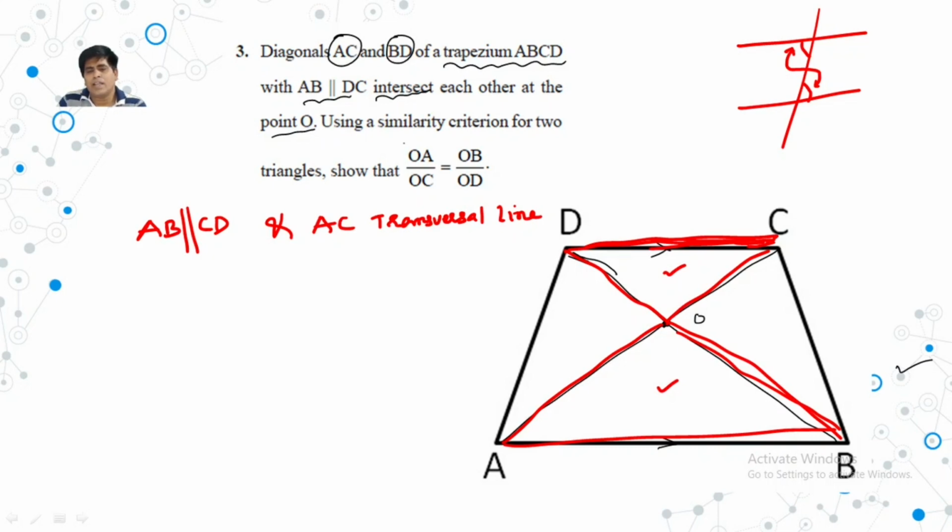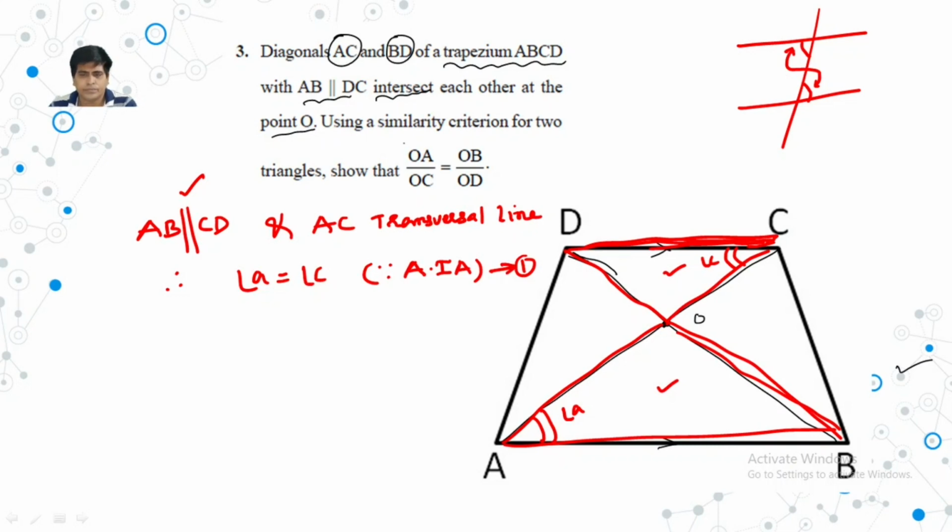AB is parallel to CD and AC acts like a transversal line. So I can say this angle is the same as this angle. These two are called alternate interior angles, and alternate interior angles are equal. I am naming them small a and small c. So I can write angle A is equal to angle C, since alternate interior angles are equal when the lines are parallel. This is the equation I got.